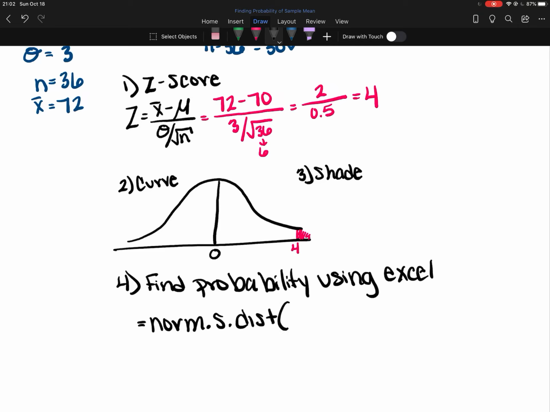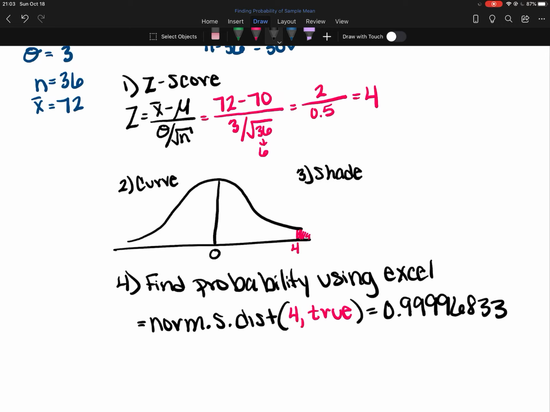We're going to enter the z-score of 4, and then we're going to enter true because we want a cumulative probability, not just an individual probability. So I'm going to type in 4, comma, true. And that's going to give me 0.99996833.